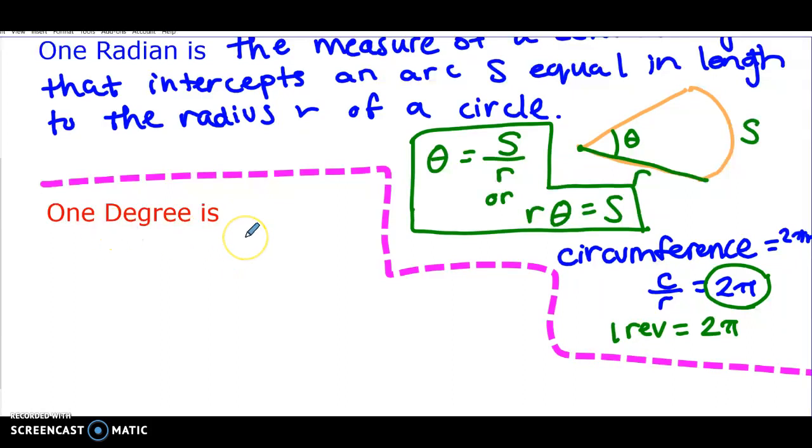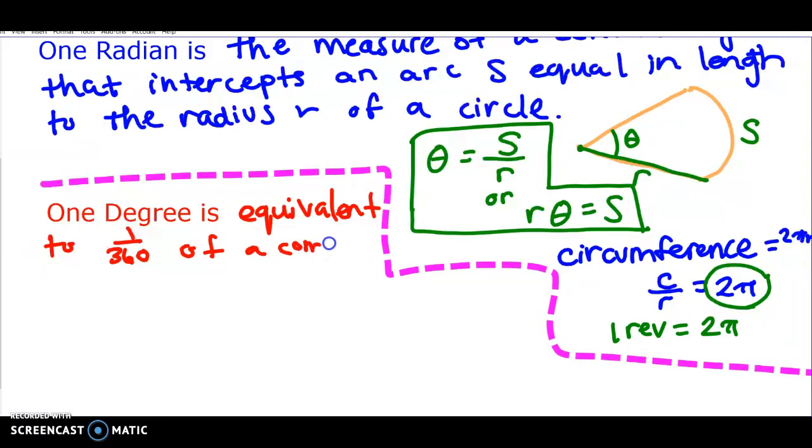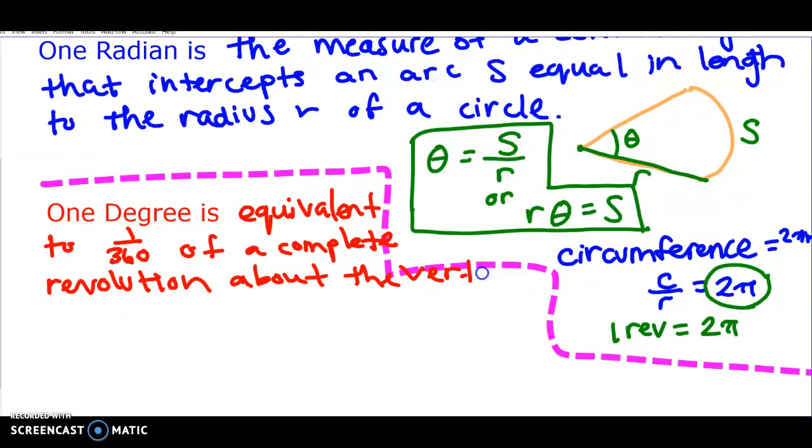So 1 degree is equivalent to 1/360th of a complete revolution about the vertex. That should make more sense to us, again, because we're just more familiar with it.